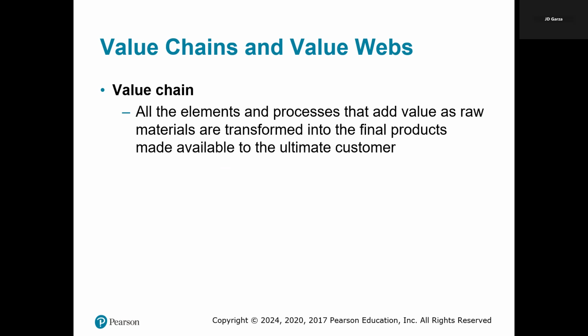Now this value chain includes everything that contributes to the creation of value in a product or even a service. It's made up of primary activities that directly relate to production, such as inbound logistics, meaning receiving and storing of those raw materials; operations, converting those materials into the finished products; outbound logistics, distributing those products to the customers; marketing and sales, promoting and selling the product; and service, meaning that you're providing the after-sales support to ensure customer satisfaction.